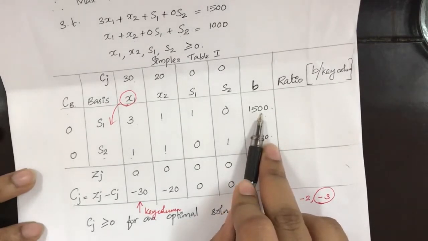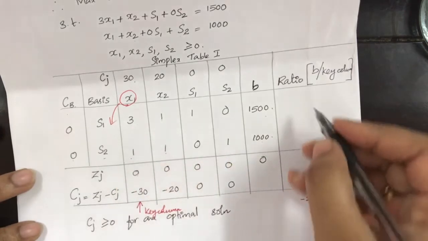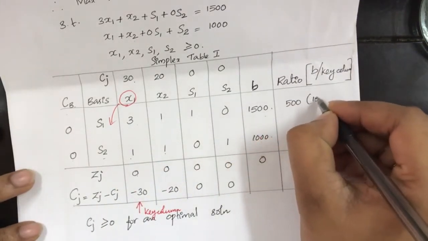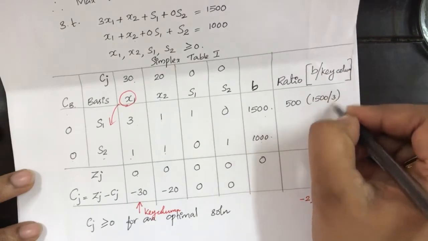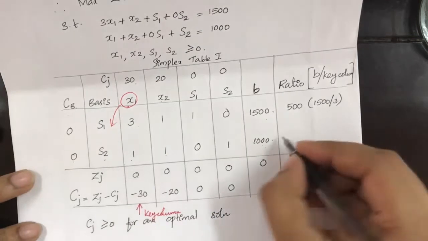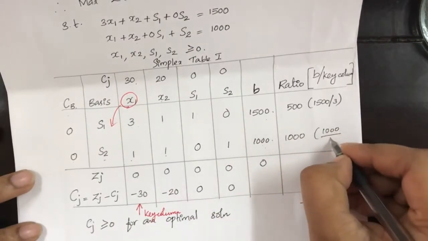Look at here, 1500 divided by 3, value is 500. Second, 1000 divided by 1, value is 1000.